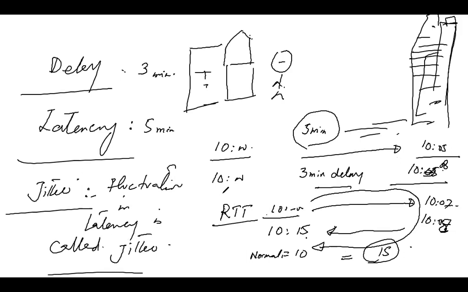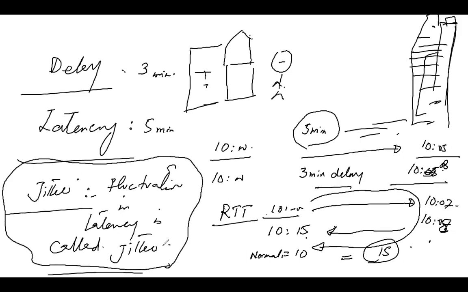The next time maybe you start at 10 and reach at 10:12 because there was too much congestion on the link. That's why there is a fluctuation or variation in latency, and this is called jitter. So I hope it's clear now. Now moving to the next step.